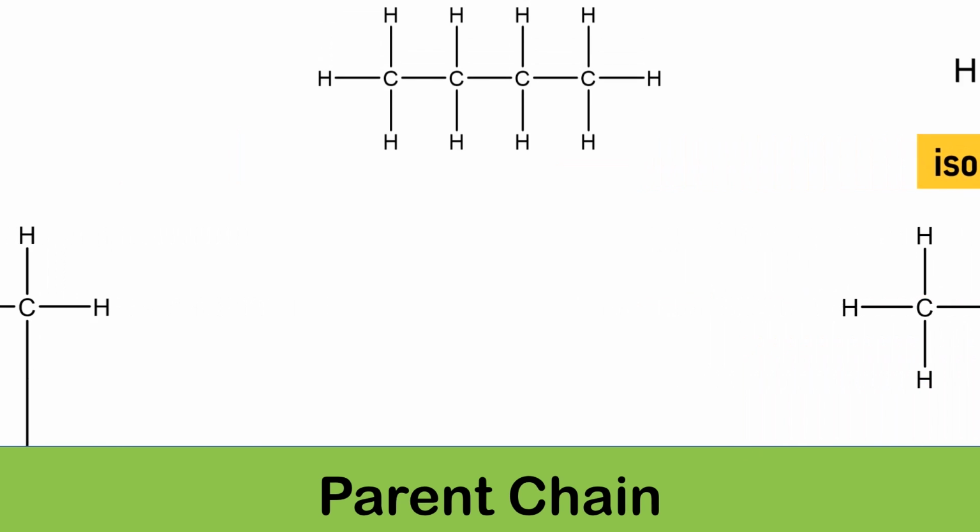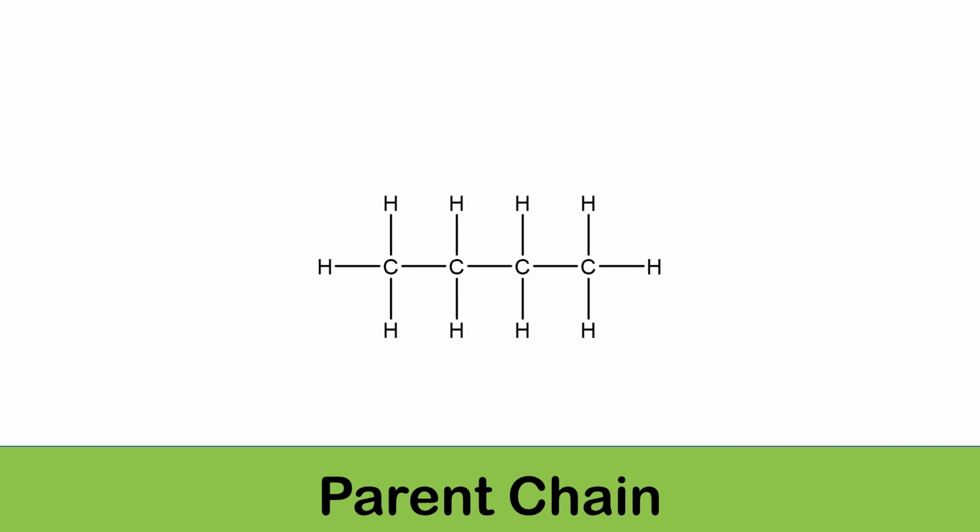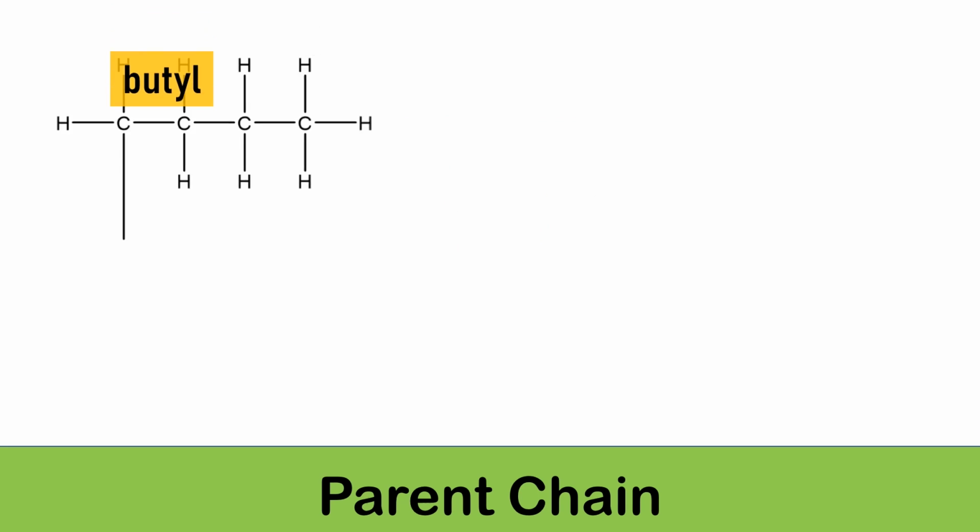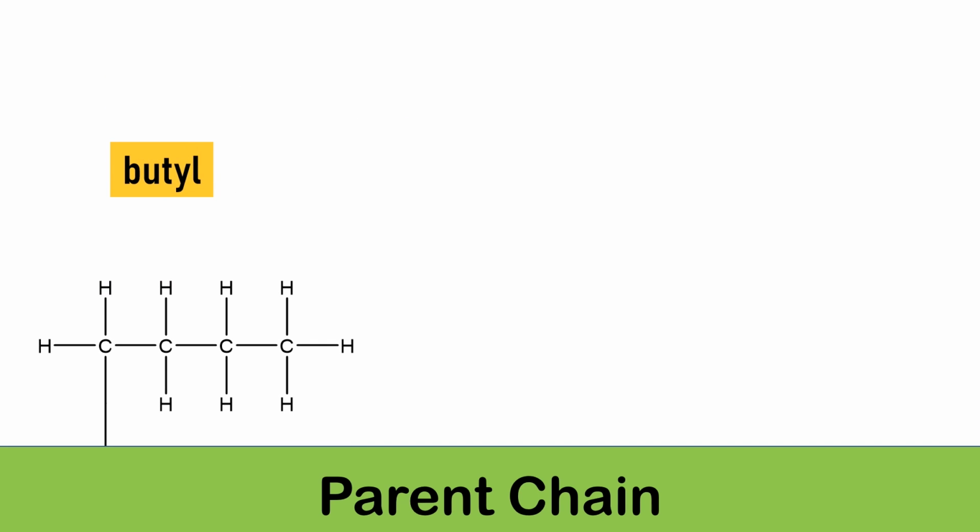Now let's consider the 4-carbon alkyl group, and things get much more interesting. Butane has 2 primary carbons and 2 secondary carbons. Removing any one of the primary hydrogens yields the straight chain alkyl group butyl.